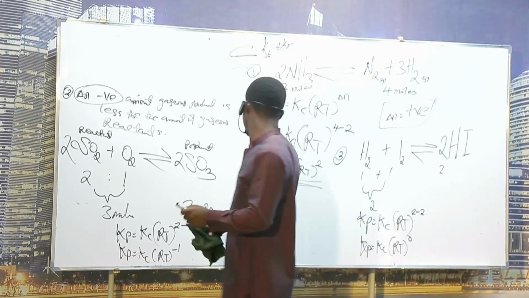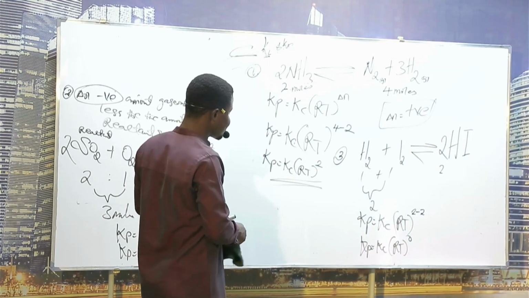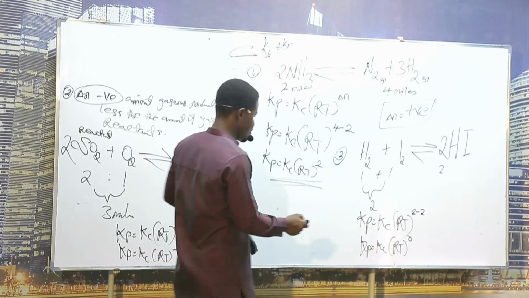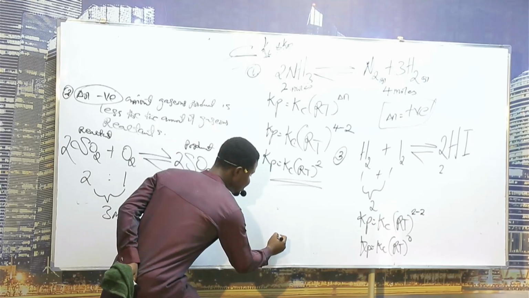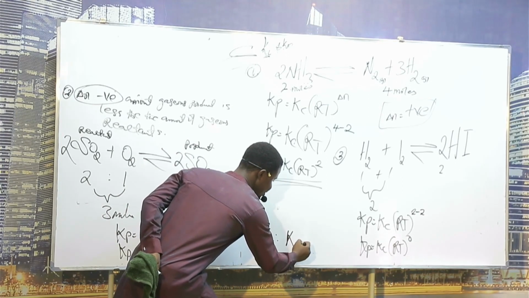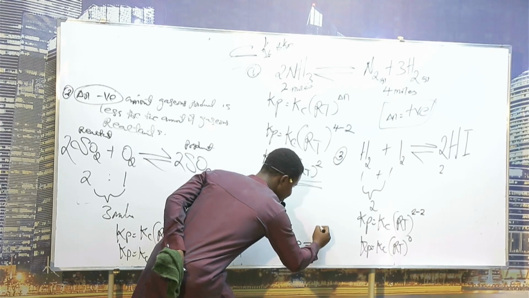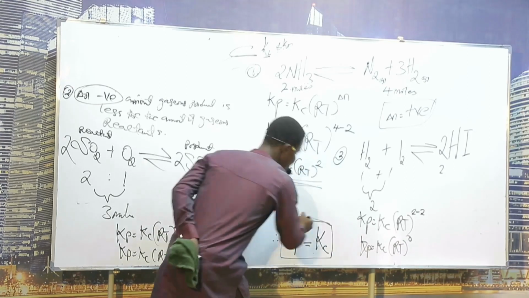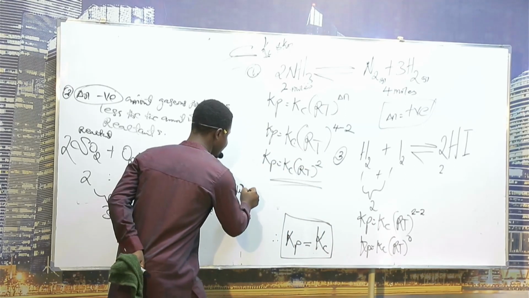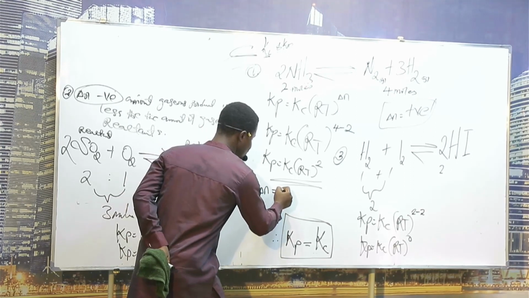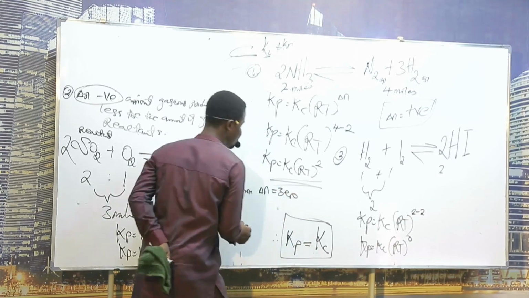When this thing is 0, you will write: therefore Kp is equal to Kc when change in n is equal to 0.